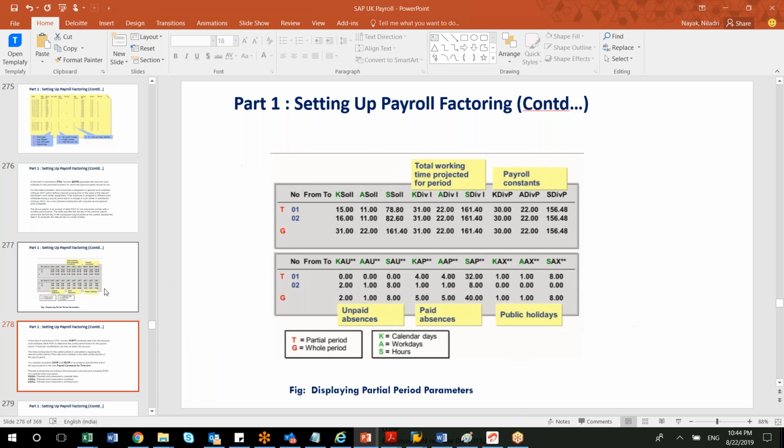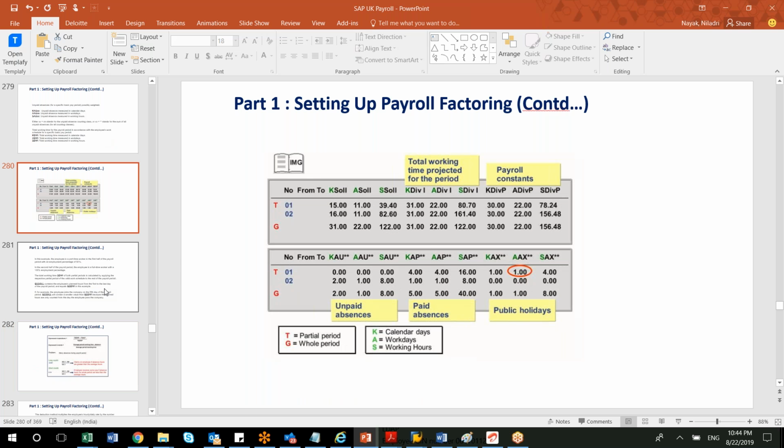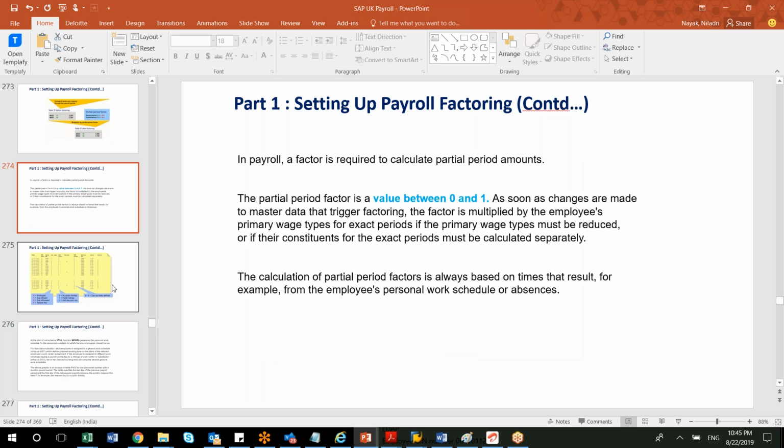Whatever reduction happens, I'll be explaining that here. There are a lot of tables involved. I was coming to that point. The factoring will always be a value, the PPF, partial period factor, always between 0 and 1, some decimal factor. Depending on the number of days, it accumulates all these values.